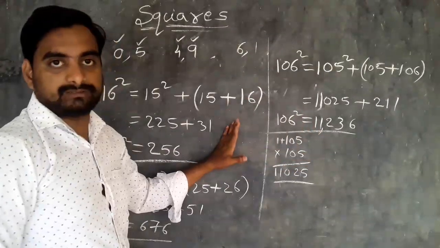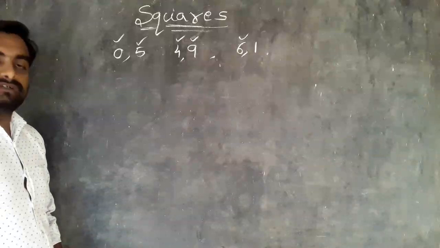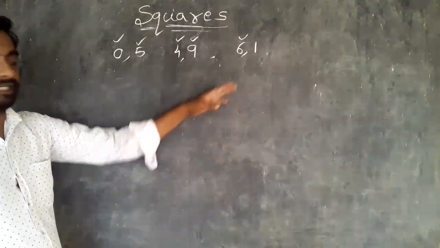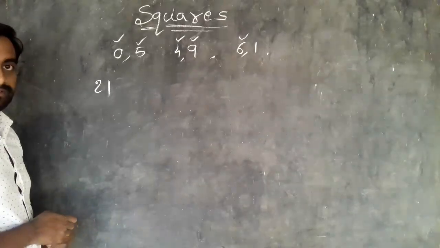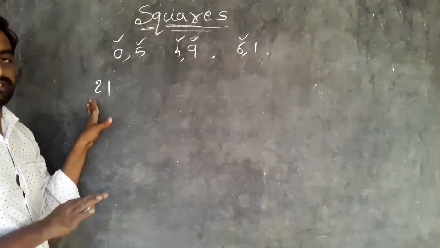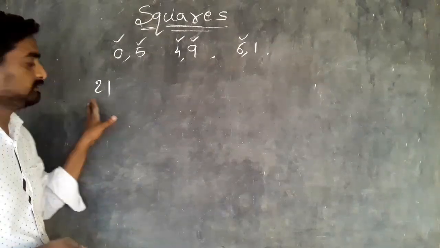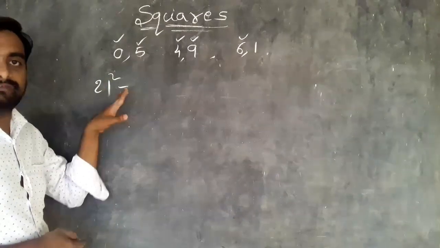So I go for the final, 1 ending numbers. Okay friends, we go for 1 ending numbers, like 21. Why not take 11? Because 11 has a special technique, I will tell you last. So 21 square. Which one is near, 0 ending or 5 ending?